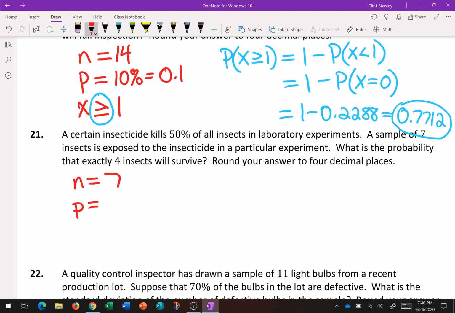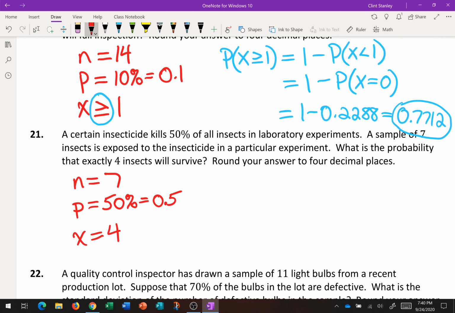Well, we would be okay because it says it kills 50%. We want to know what's the probability 4 insects survive. So 1 minus the 50% killed is 50% that survive. So P here is going to be 0.5. And then what are we looking for, X? We want exactly 4 insects to survive. So we want X to equal 4.